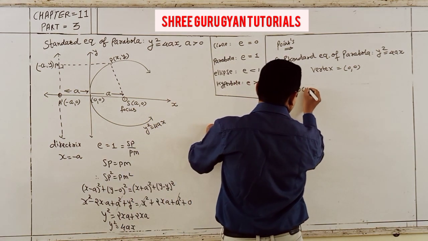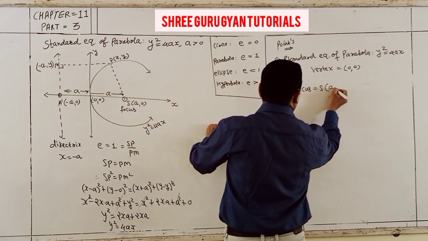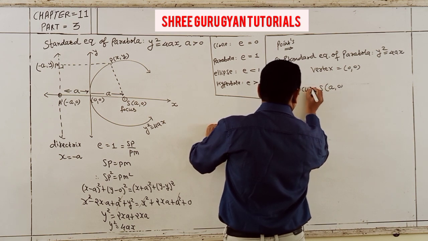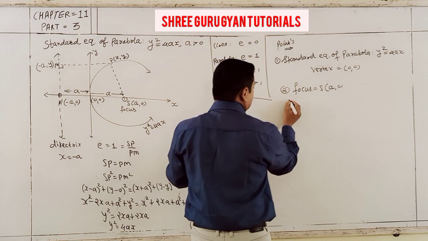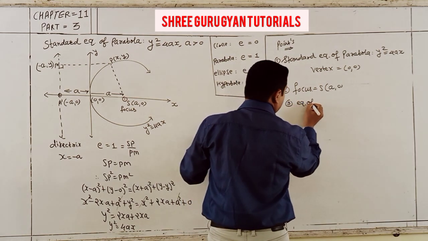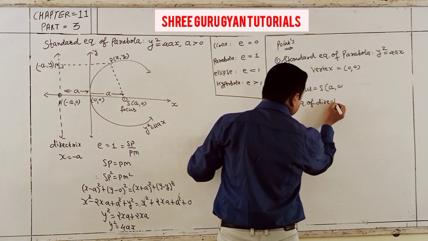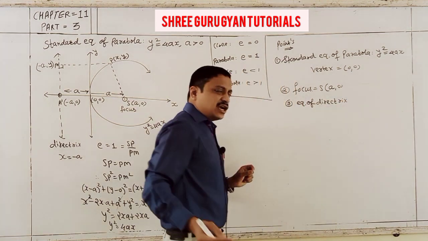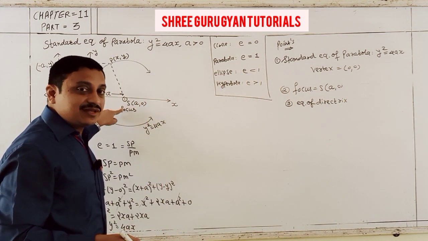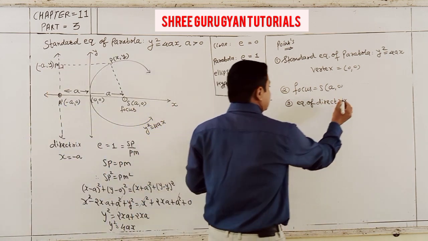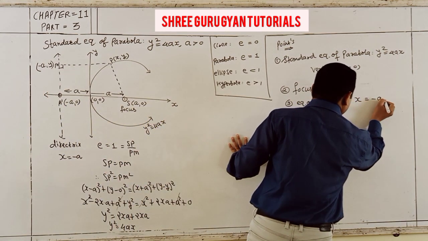Students, you will cover it as (a, 0), I told you about this focus. Now go to the third, the equation of the directrix. Exactly opposite to the focus. Here O is the midpoint between S and S dash. So the directrix equation is x is equal to minus a.